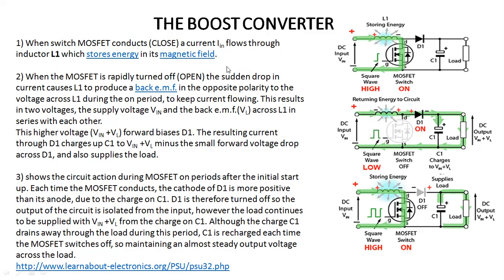At that time, current I in, when we give the power supply, it means the DC input voltage, at that time input current will flow through the inductor. From here what will happen? Current will flow through the inductor, which will store the energy, and we are aware about the properties of the inductor. Inductor will store the energy in the form of magnetic field.